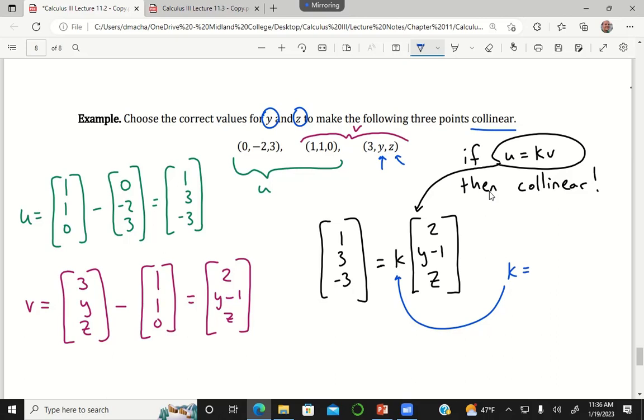What does k have to be? Well, it has to be 1/2, yeah. Because if I'm looking at the first entry, 1 is 2 times 1/2. So that means k has to be 1/2, for sure.